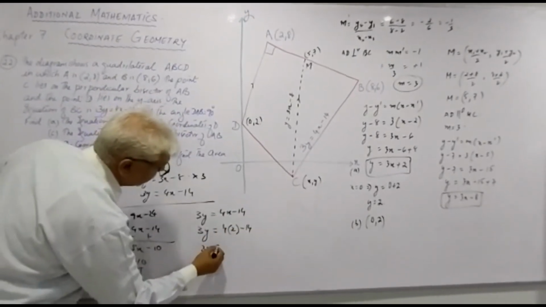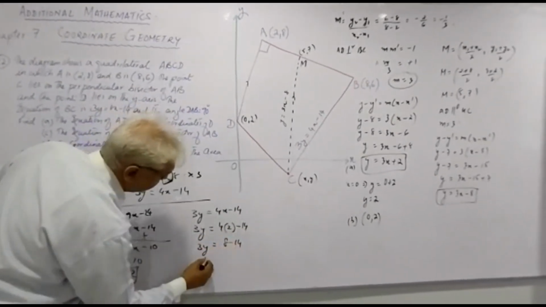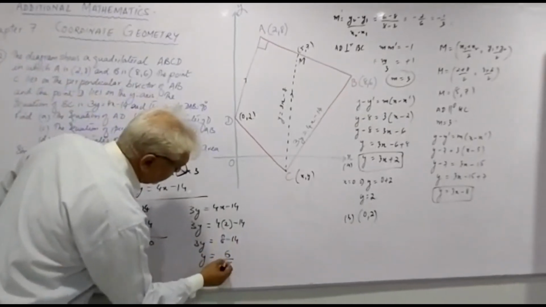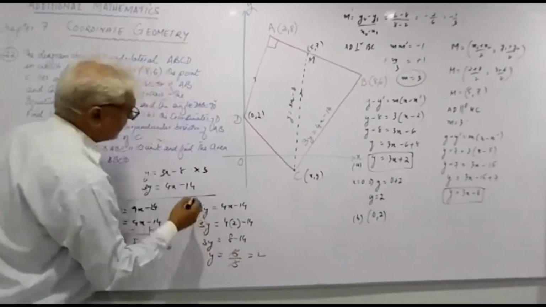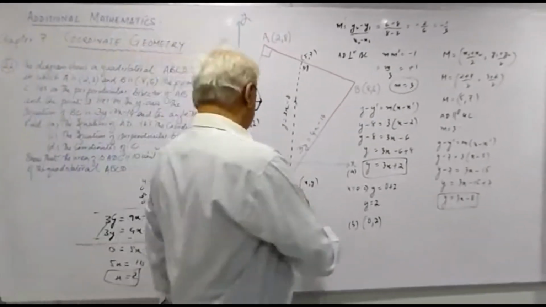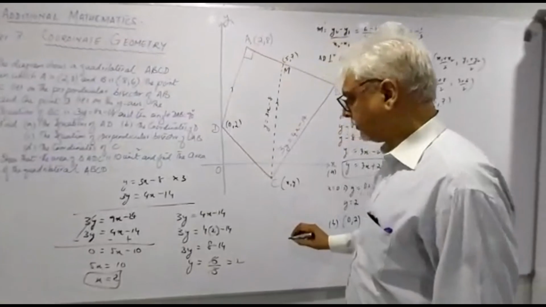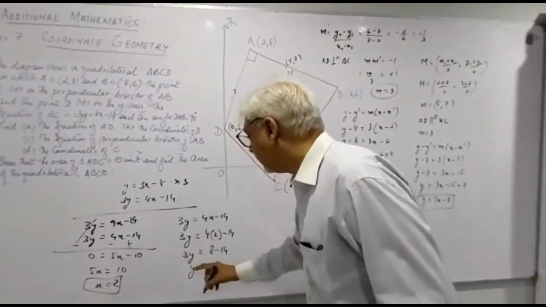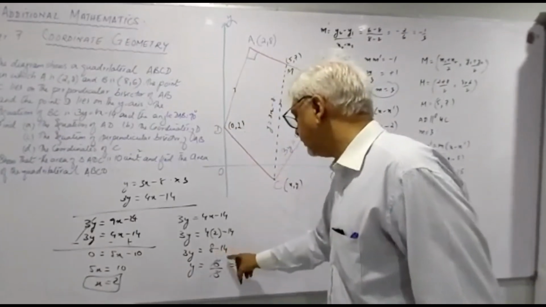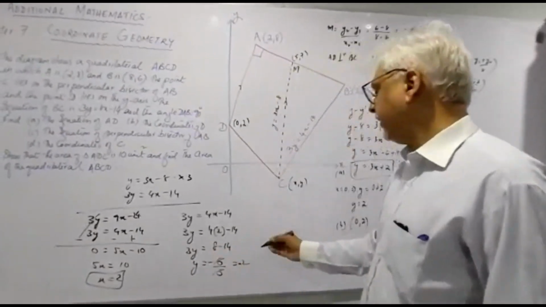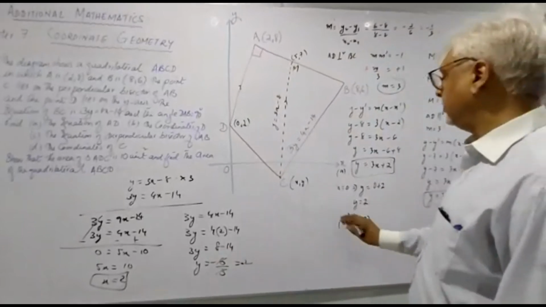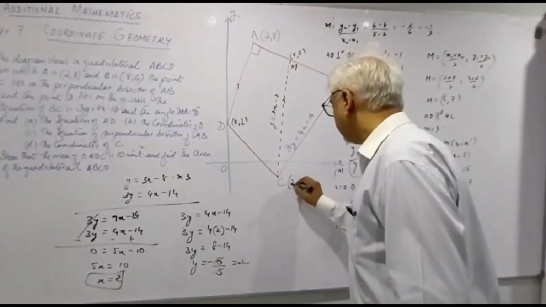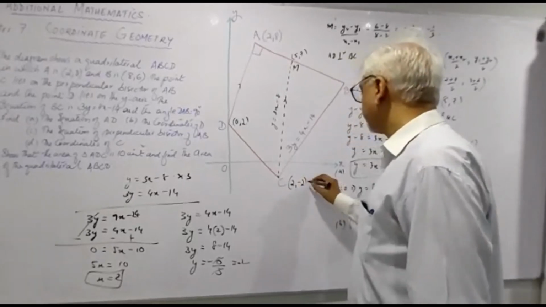This will give you 3y = 8 - 14, and 8 - 14 is -6. -6 divided by 3 will give you -2. So I can write the coordinates of C over here: (2, -2).